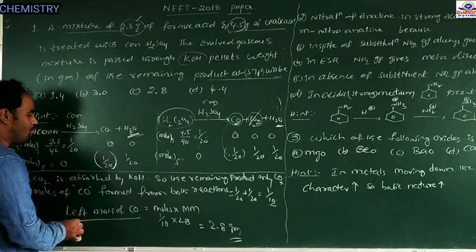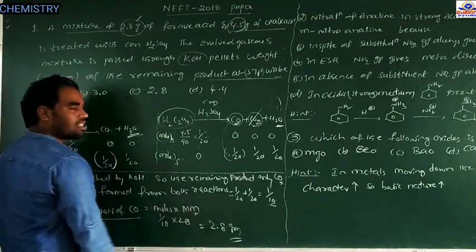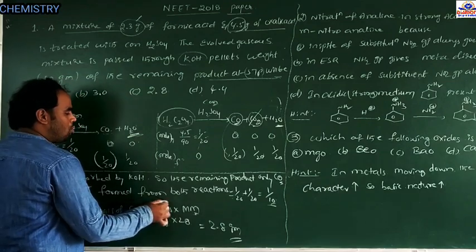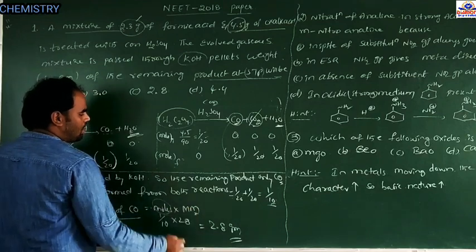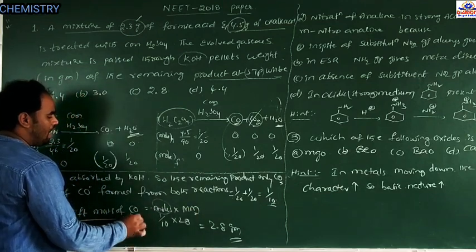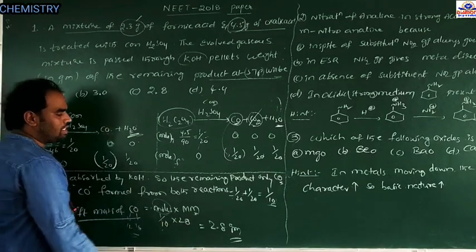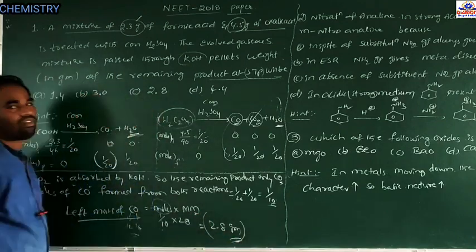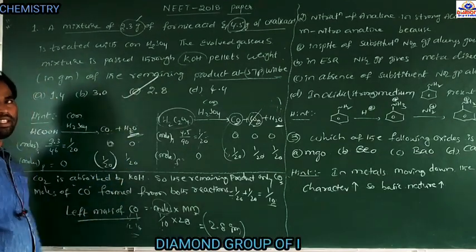Mass of carbon monoxide equals moles into molar mass. Moles is 1 by 10, and the molar mass of carbon monoxide is carbon 12 plus oxygen 16, which is 28. Therefore, 1 by 10 into 28 is 2.8 grams of carbon monoxide remaining. Therefore, C is the answer.